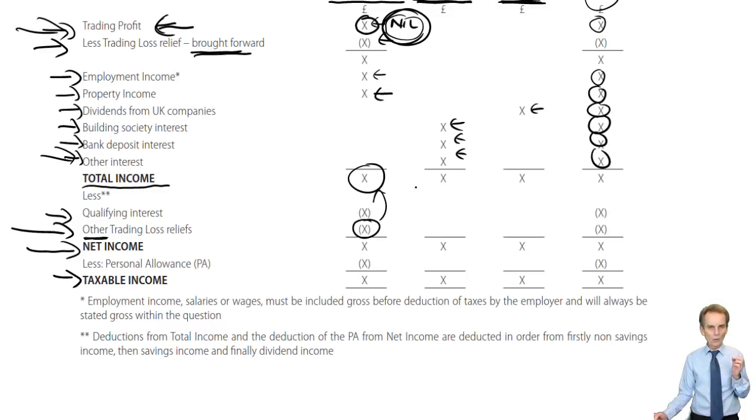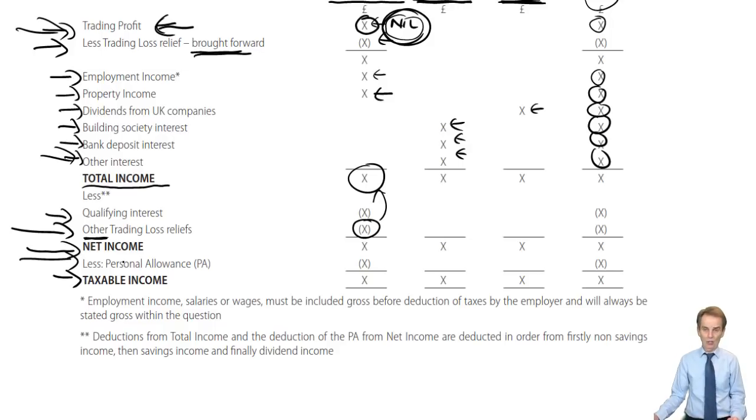And then what we always have to deal with is a deduction of a personal allowance. Now I said there, we'll always have to deal with. There may not be any personal allowance that is in fact available to a taxpayer. For most taxpayers, we don't have a problem. The personal allowance is a level of tax-free income that individuals are granted in each tax year.